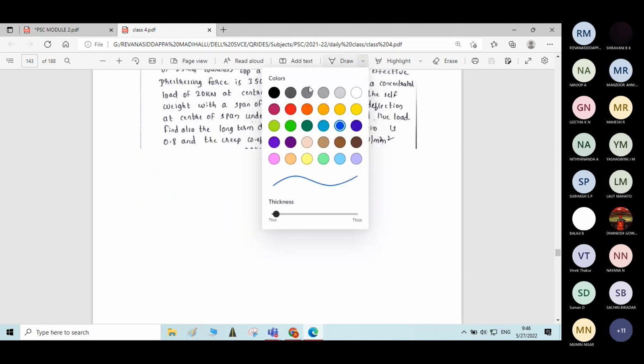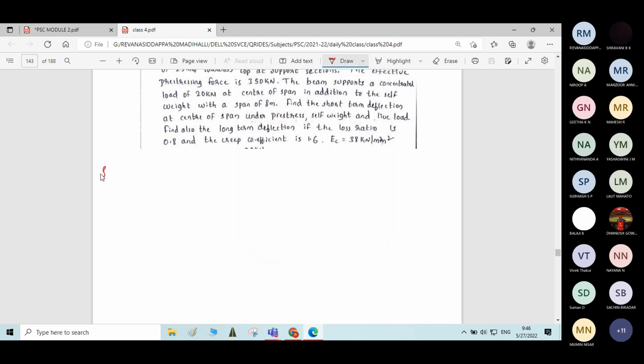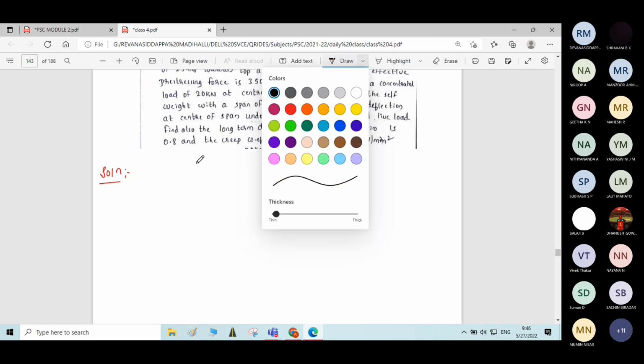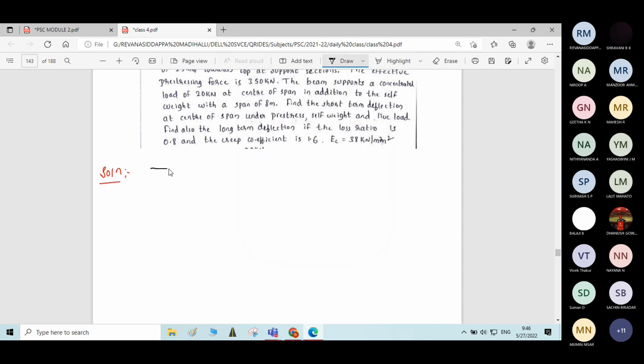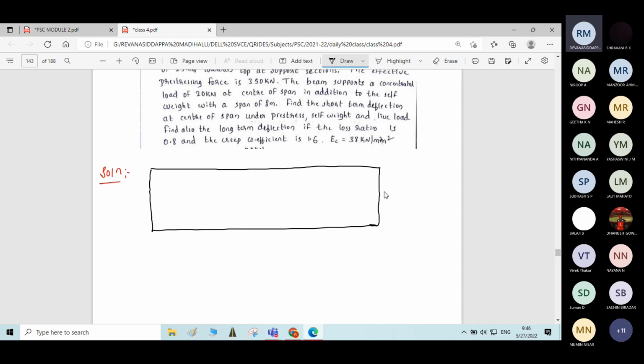Solution. The cross section of the beam is 150 by 300.